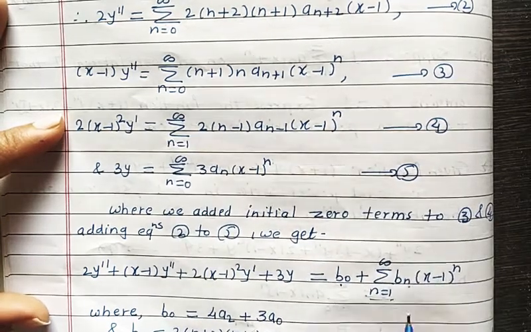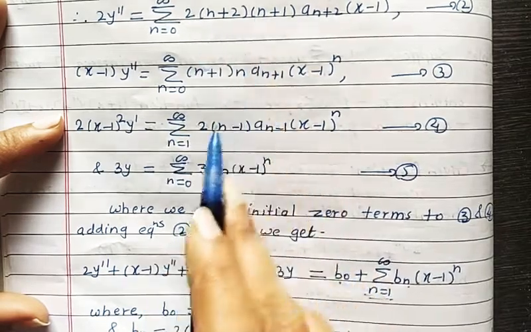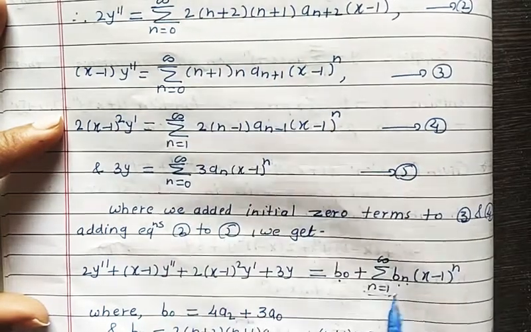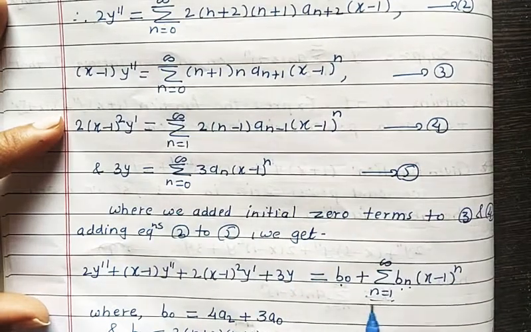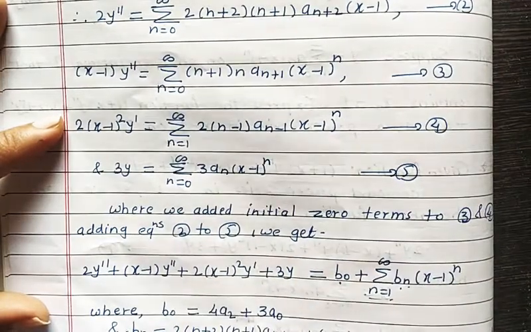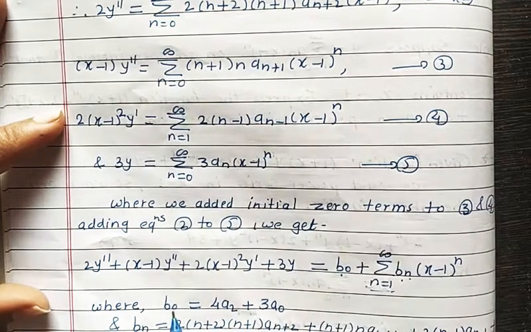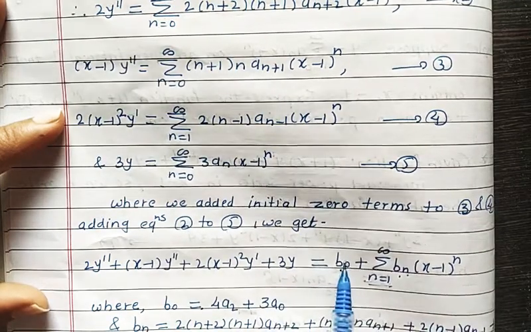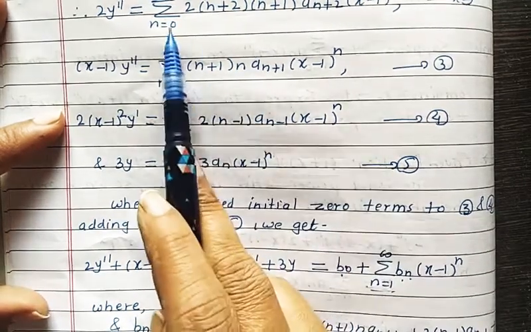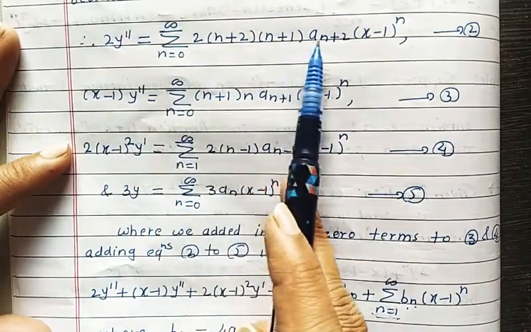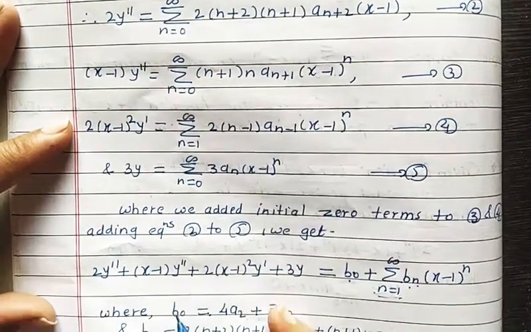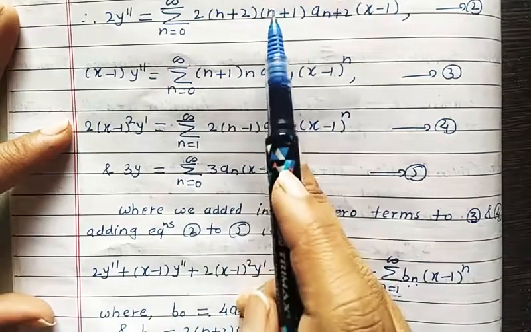So for n varies from 1 to infinity, whatever the common term we have taken, we call it bn, with x minus 1 raised to n. So what is that term? That is written later. Here b naught means the term we get when n is equal to 0. So when n is equal to 0, here we get 4a2. This is 4a2.